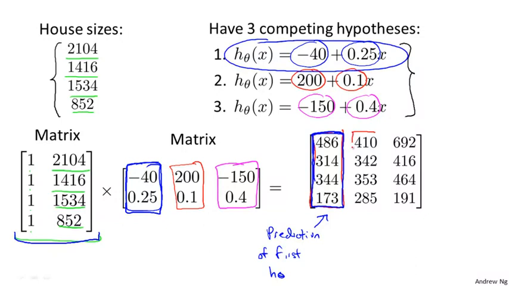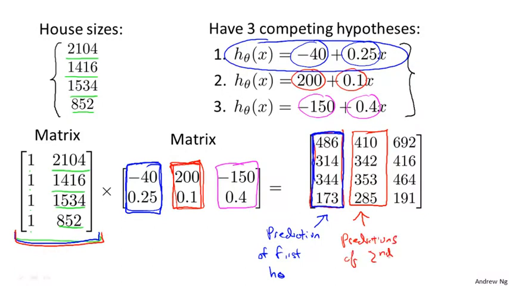And how about the second column? Well, how do you get the second column? The way you get the second column is, well, you take this matrix and you multiply it by this second column. And so the second column turns out to be the predictions of the second hypothesis, up there. And similarly for the third column.